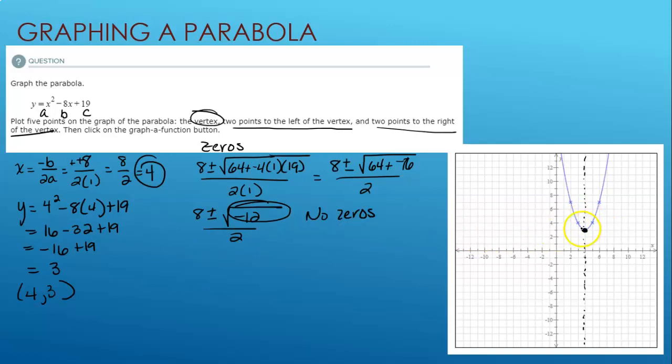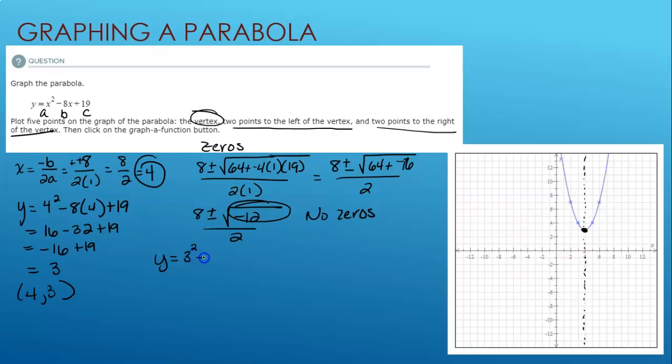So I want you to remember, first of all, that we're looking at symmetry. I can come up with the opposite on each side using mirroring if I can remember to do that. So let's look at my axis of symmetry, and I'm going to go 1 point to the left. My axis of symmetry is at 4. I'm going to see what y is equal to when x is 3.